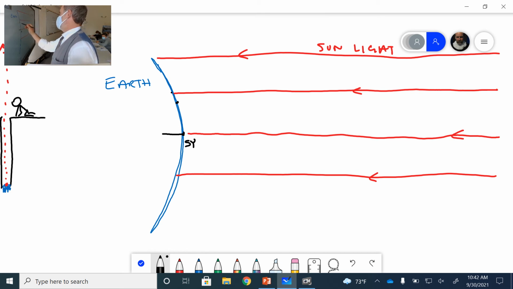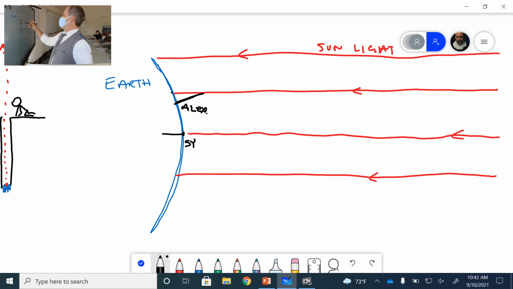Here's Alexandria. Does this pole point toward the sun? No, because a tall pole, if it's straight up and down, has to point perpendicular to the Earth as it is right here.